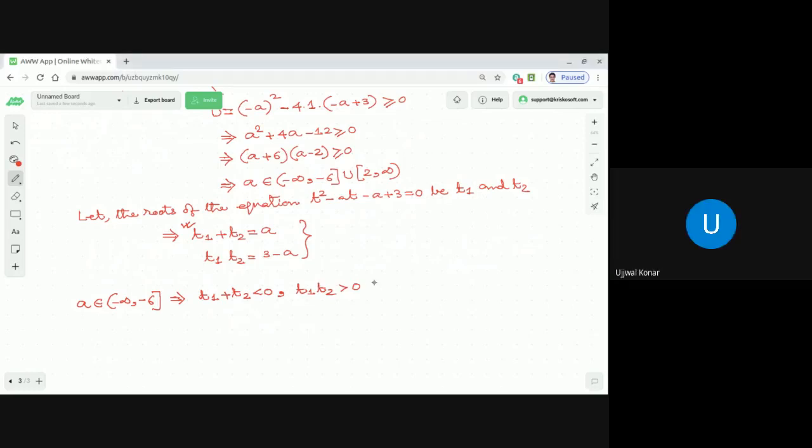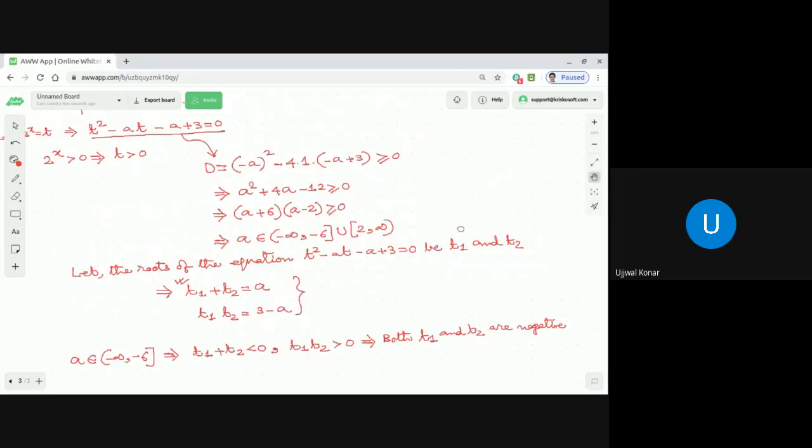Correct? So this implies both t1 and t2 are negative. Clear or not clear? The original equation has no solution, because what you need to find is the solution.